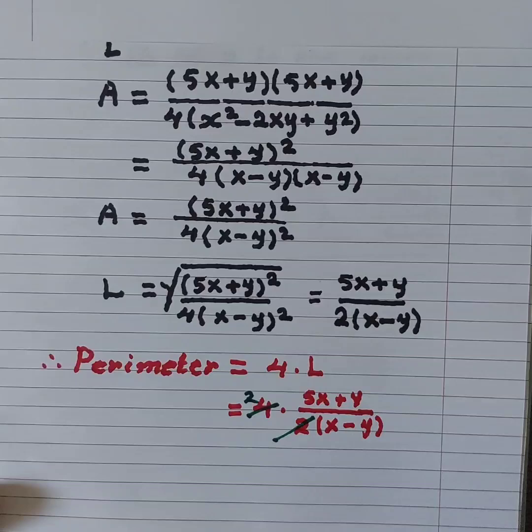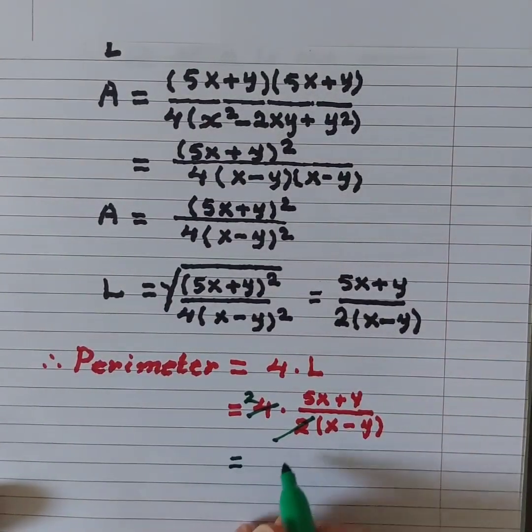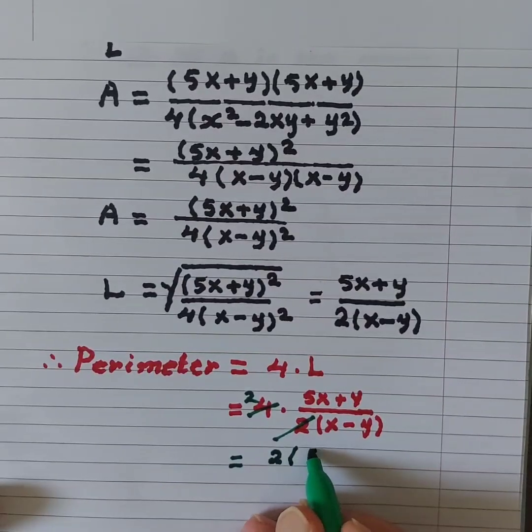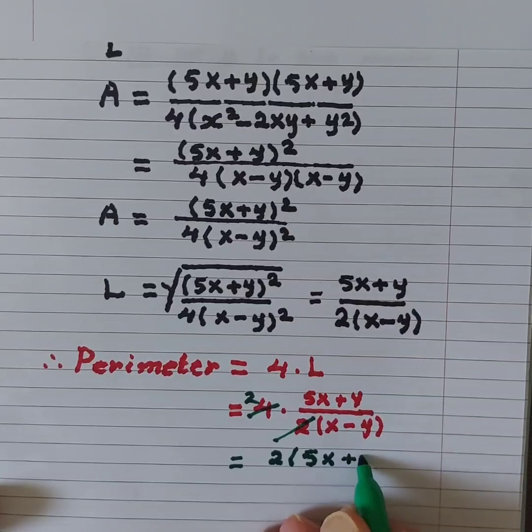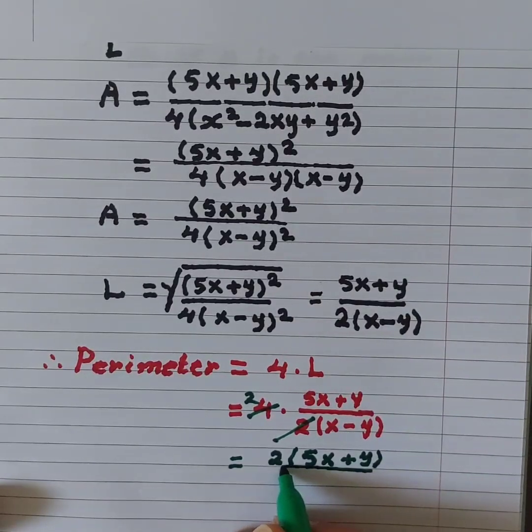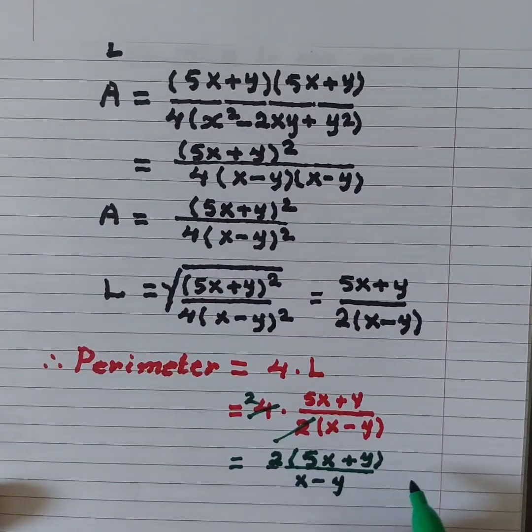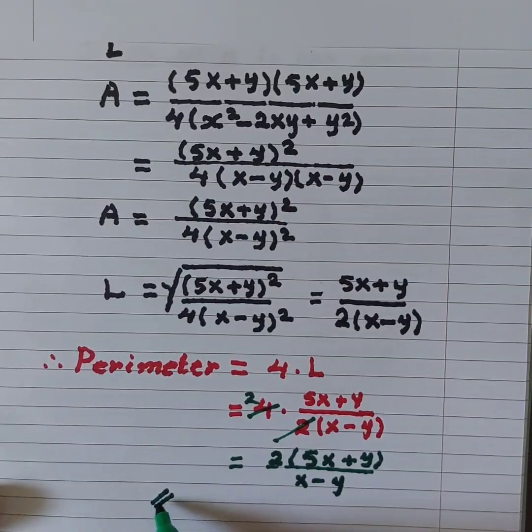So still here only 2. The result will be 2 times 5x plus y, over x minus y. And this is the perimeter which was wanted.